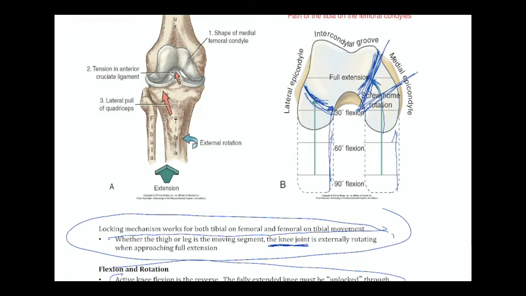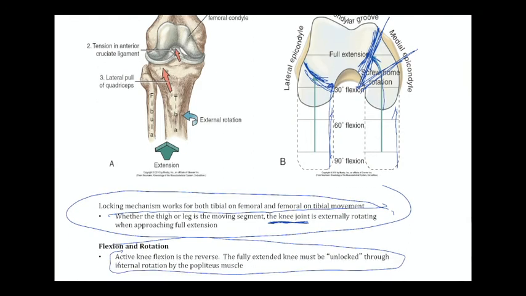Now, unlocking the position. Here it says active knee flexion is the reverse. The fully extended knee must be unlocked through internal rotation by the popliteus muscle, which is true. It has to be internally rotated in both closed and open chain movement, though. So to release the screw home mechanism, the muscle must medially or internally rotate the tibia on a fixed femur, which is open chain, or laterally externally rotate the femur on a fixed tibia, which would be a closed chain movement.